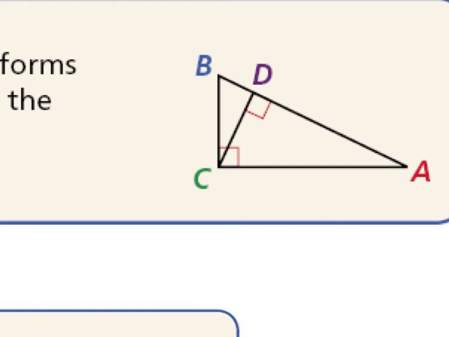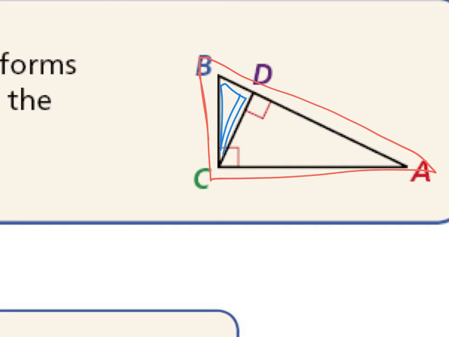So if you look here, we have one triangle, two triangles, three triangles. They're all together and they're all similar to each other.